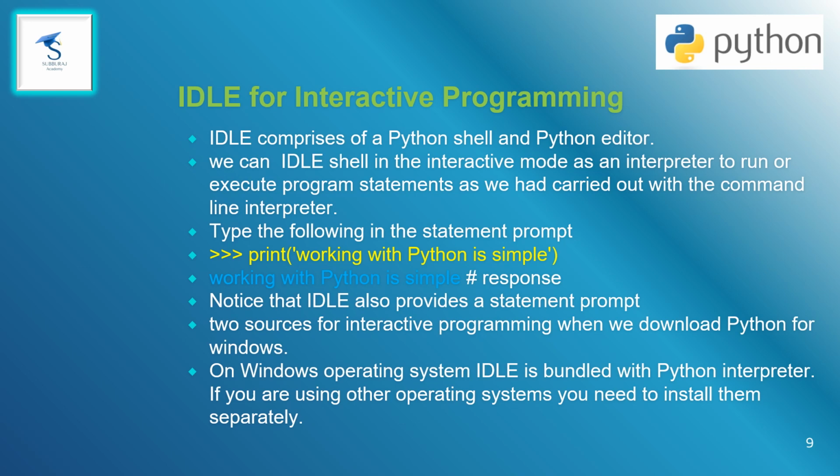On the Windows operating system, IDLE is bundled with the Python interpreter. But if you're using any other operating system, you have to download and install it separately. Since I was using Windows, both were downloaded in one go.